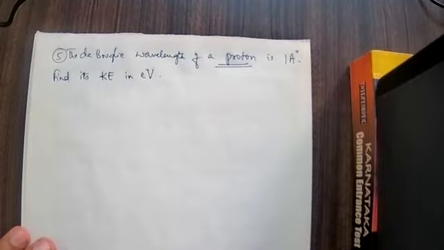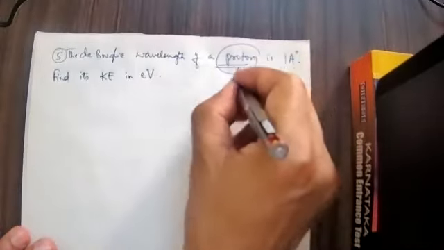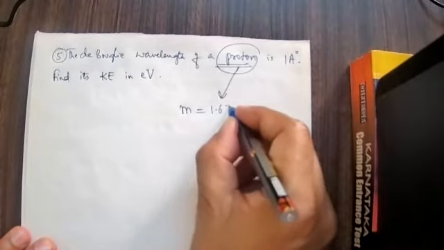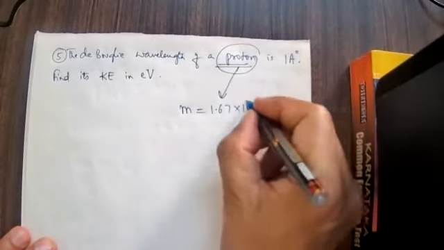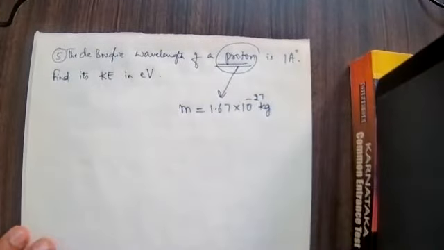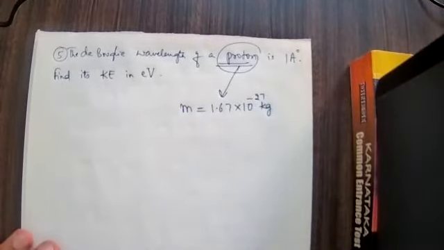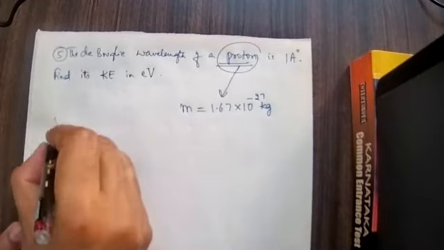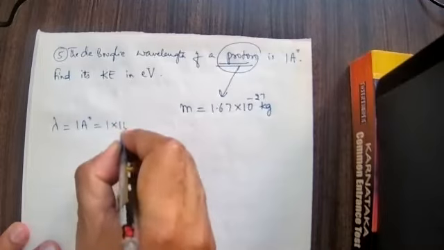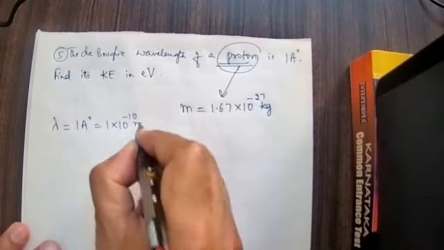Okay, proton is given. If proton is given, what is its mass? 1.67 × 10 to the power minus 27 kg. The de Broglie wavelength is given as 1 angstrom, 10 to the power minus 10 meter.